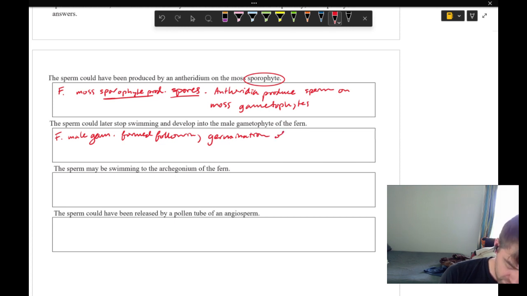The male gametophyte produces the male gamete, or sperm.